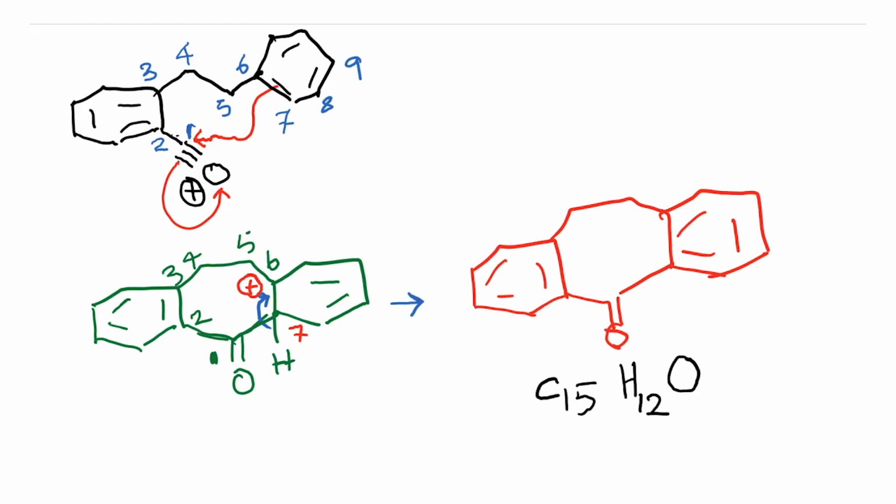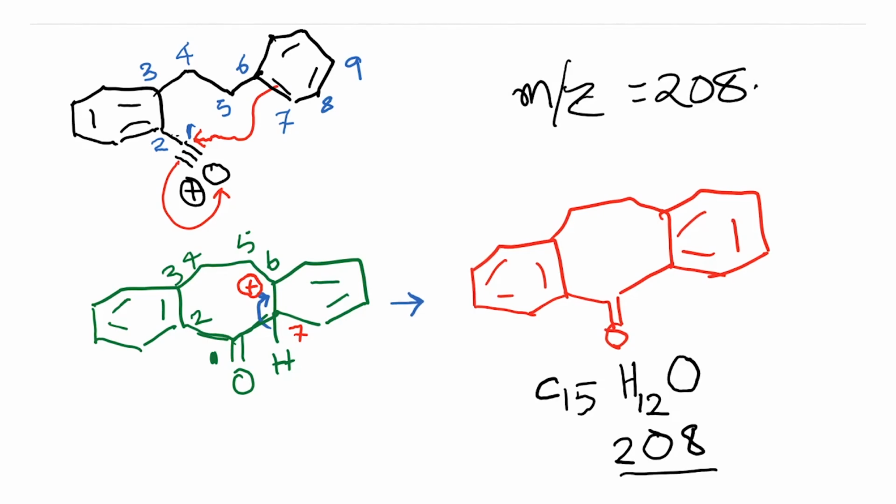So you can go back and know your molecular weight using this formula, and you will end up with a molecular weight of 208. Okay, and therefore your M by Z that's going to show as per the data that's given is 208.09. So that is the answer to the first question.